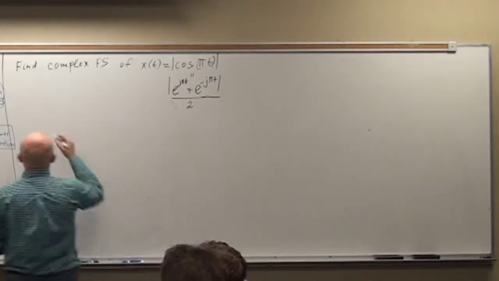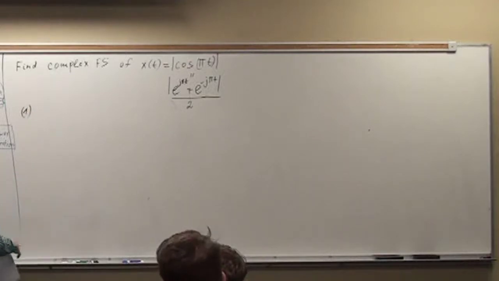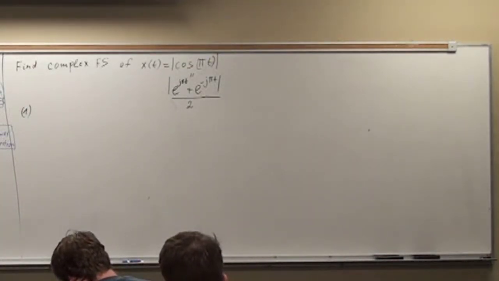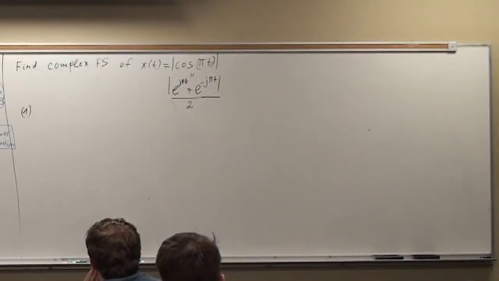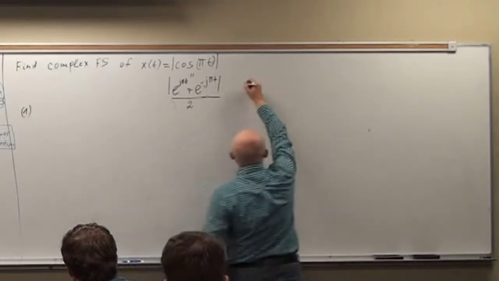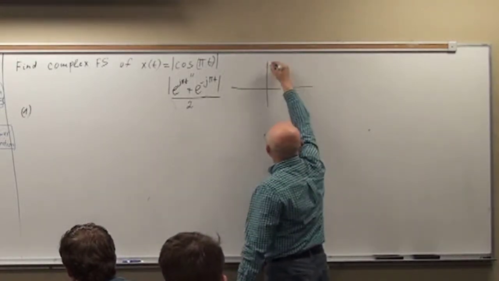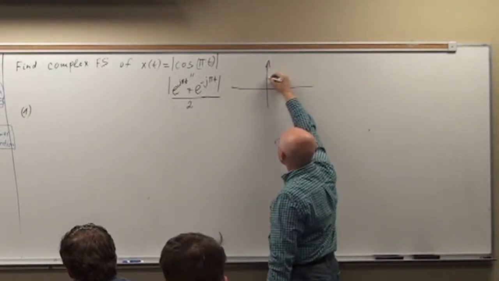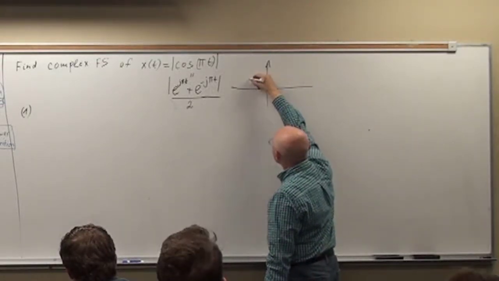First of all, step number one, we need to find T. So what is T of that thing? What is a cosine basically? Can you draw it? Like that. It's 2 pi over pi, right?